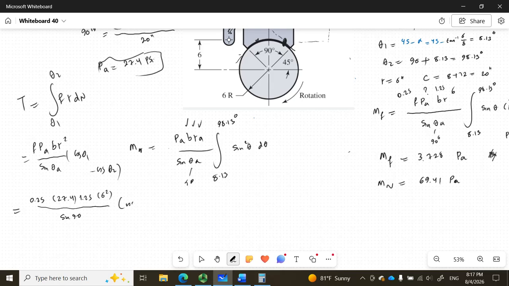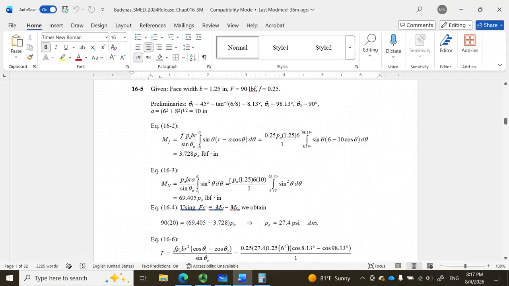Then cosine of theta 1 was 8.13 minus cosine of 98.13. There you go. This is gonna give me that pound inch. Let me look at the solution here.